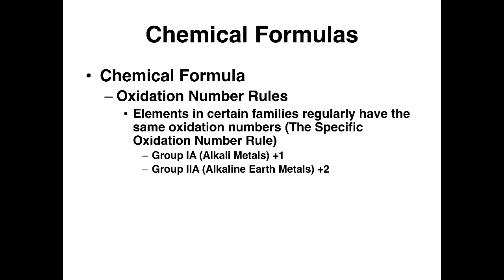The second is that group 2A elements, the second column on the left side of the periodic table. The group 1A elements are lithium, sodium, potassium, etc. The group 2A elements are magnesium, calcium, etc. They're called alkaline earth metals, and they almost always have an oxidation number of +2.